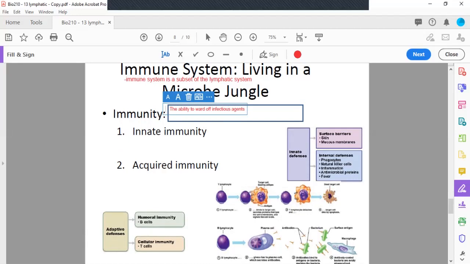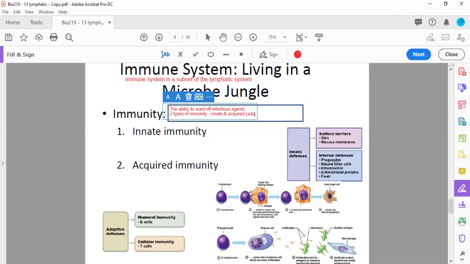So there are two types of immunity, and they are going to be known as innate versus what's known as acquired or adaptive immunity.